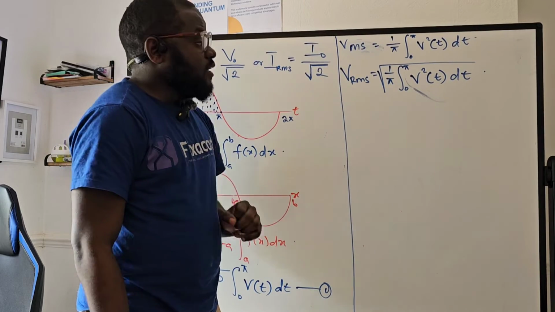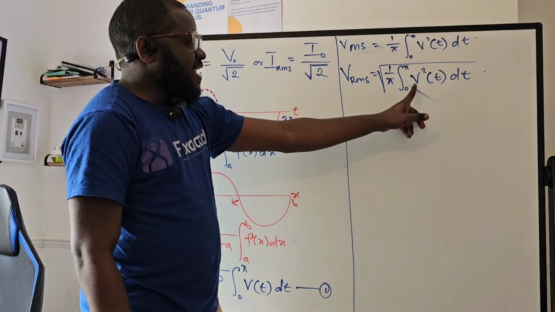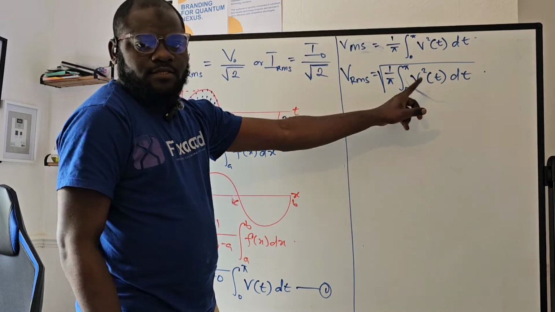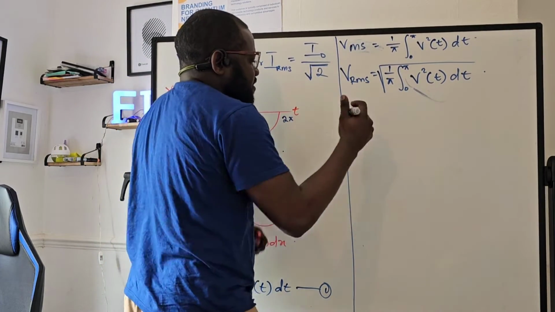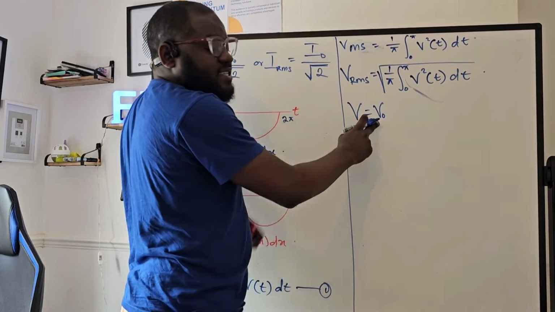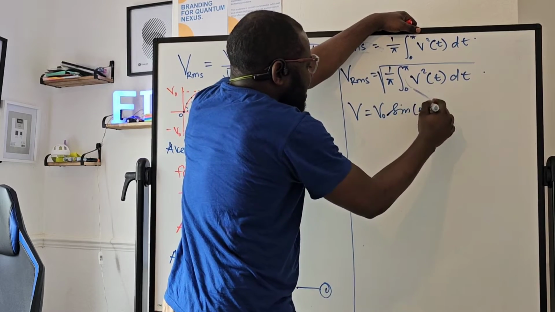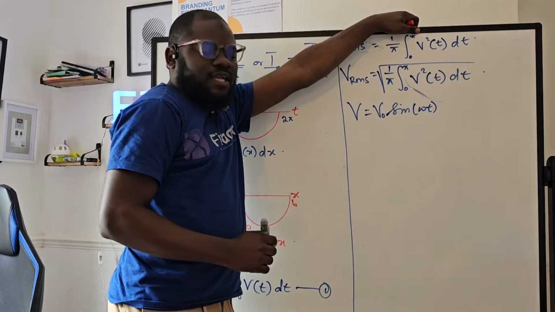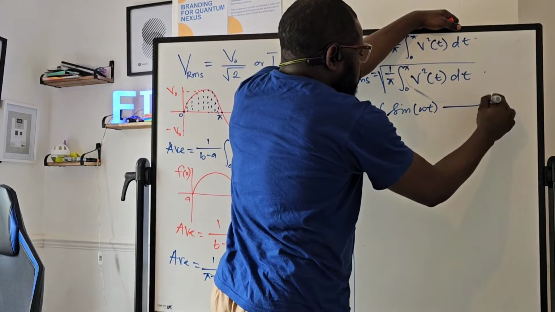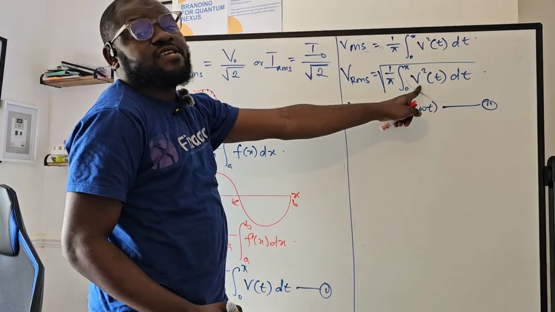You can check the description part of this video if you like to give it a look. So this is an equivalent DC voltage, and this is given as V equals V naught, where V naught is the peak voltage, sine of omega t. Have you seen this now? So I'll call this equation 2. I'll now use this equation 2 to replace what? V in this place.